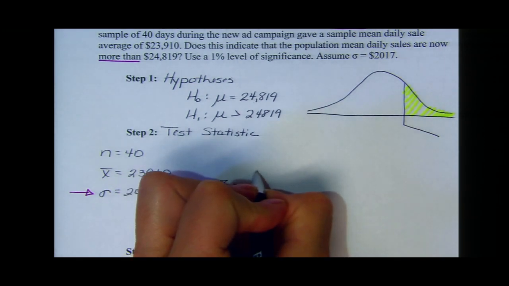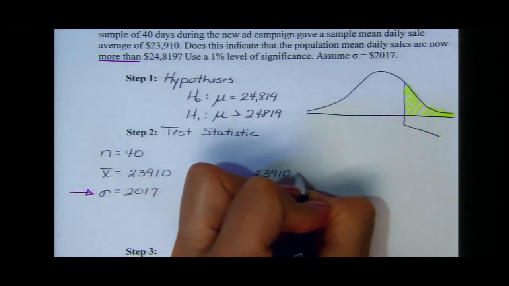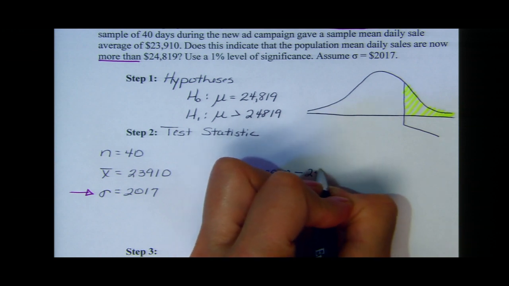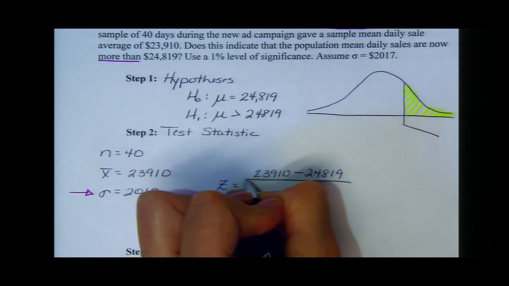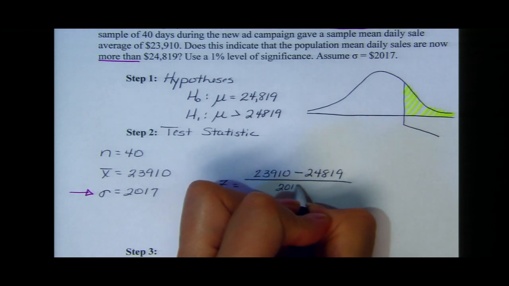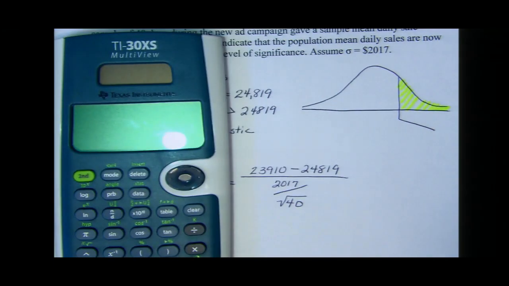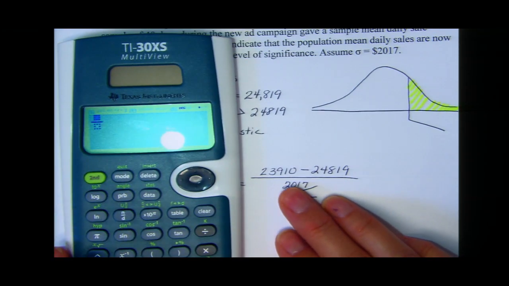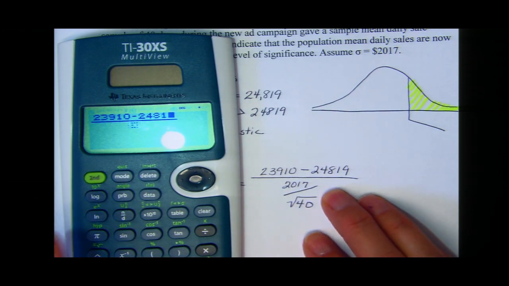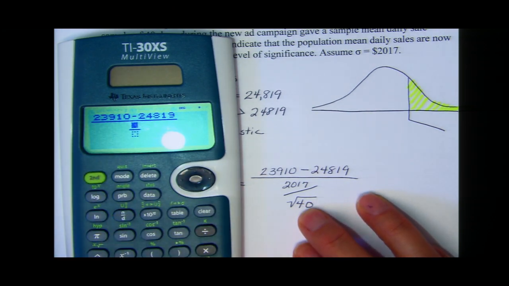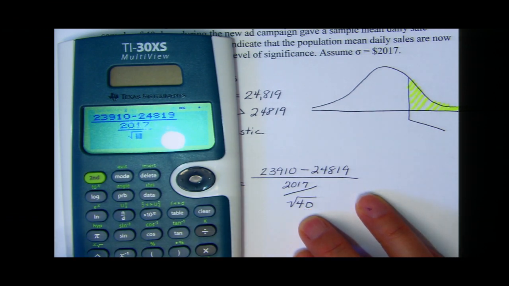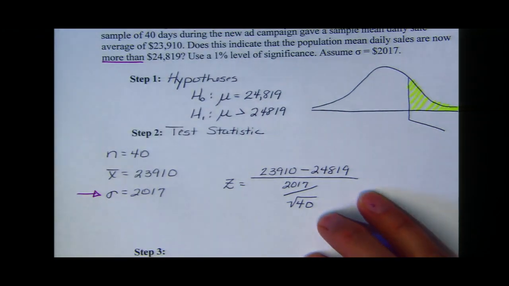So it would be x bar minus mu, divided by sigma divided by the square root of n. So 23,910 minus 24,819, over 2017 divided by the square root of 40, is negative 2.85.